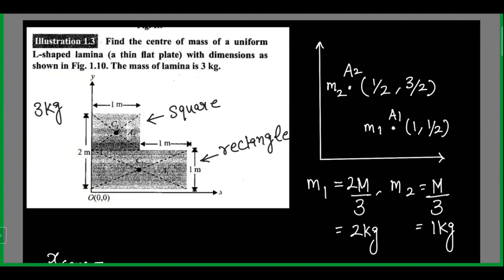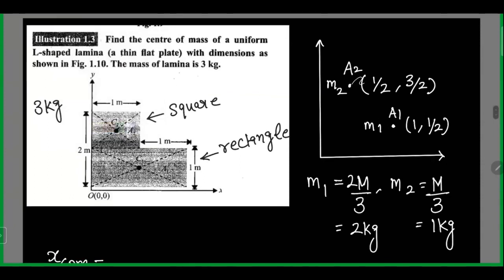So what I will do is I will divide this problem into 2 parts. First of all, I will find the center of mass of the 2 objects. So one is square. Where will the center of mass of the square be? You can clearly see that the center of mass of the square is somewhere here. If I redraw this diagram, then the center of mass of this body will be at the center of the square, which is this point.